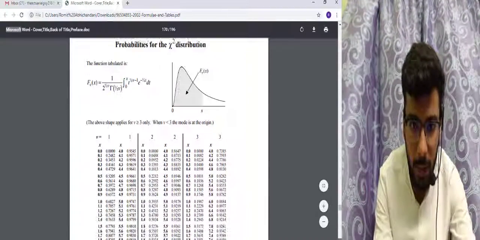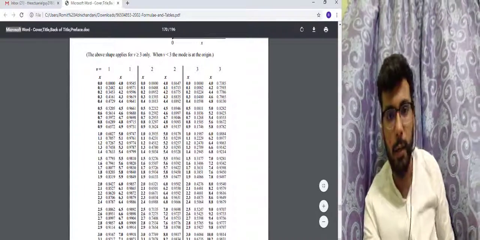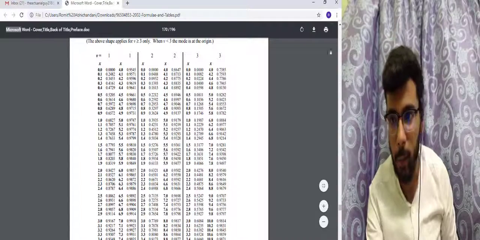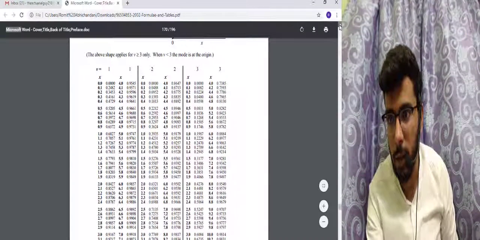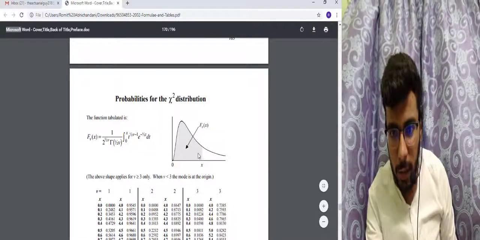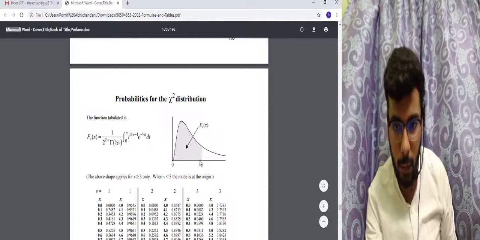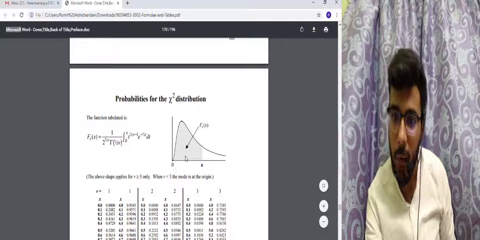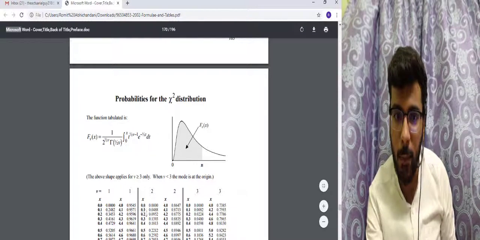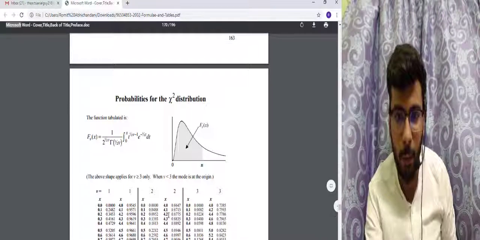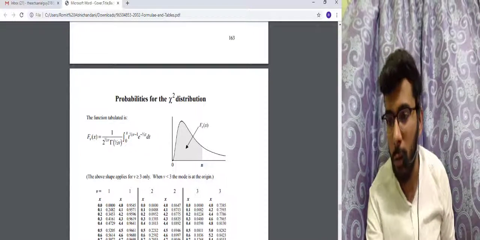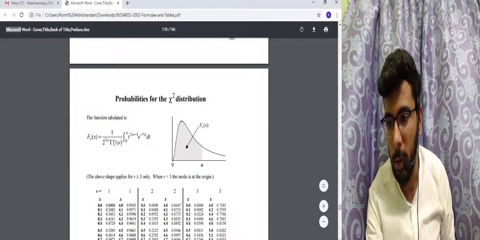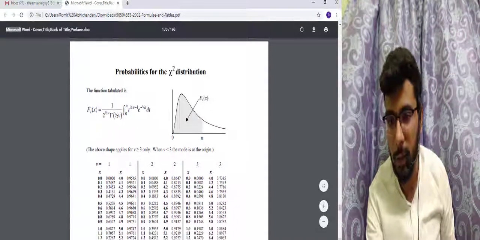On page number 164 of the tables you will find these probabilities, and if you see this diagram up here, these are the CDF of the chi-square distribution. On the graph, the left hand side is shaded, so less than probabilities are given. All the probabilities given down here are less than probabilities, and if you want to find the greater than probabilities, then you'll have to do 1 minus the less than probabilities.